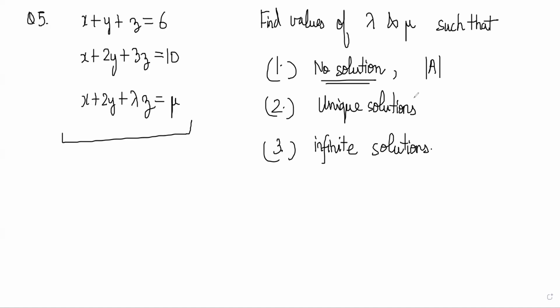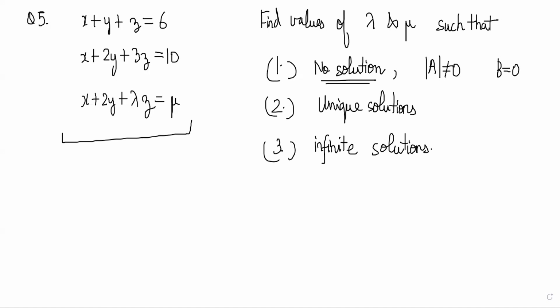Yes, so for non-homogeneous system, we had det of A is not 0, and adjoint of A into B is equal to 0. Were you saying that right now? No, I didn't mention the case properly. Do you think the condition that I should write is det is not equal to 0 and B is equal to 0?